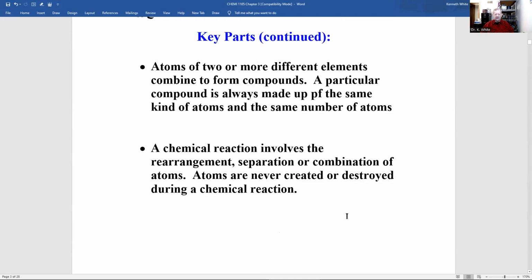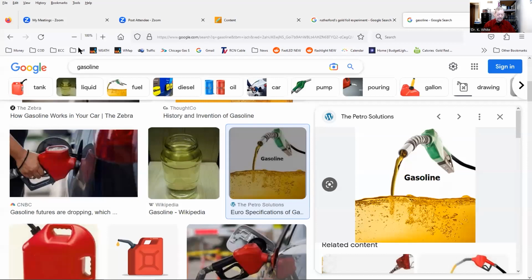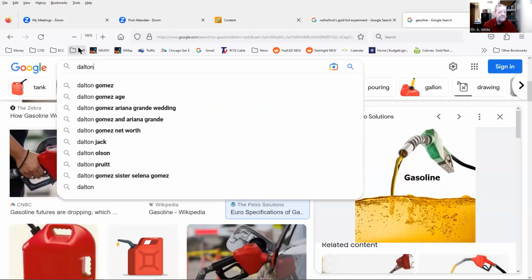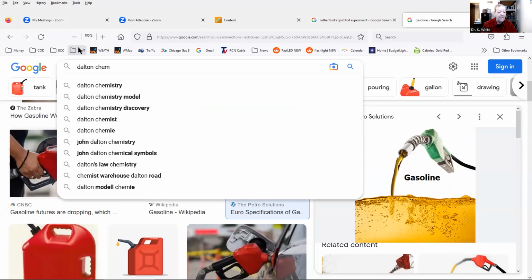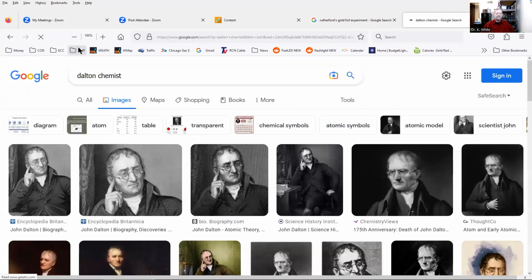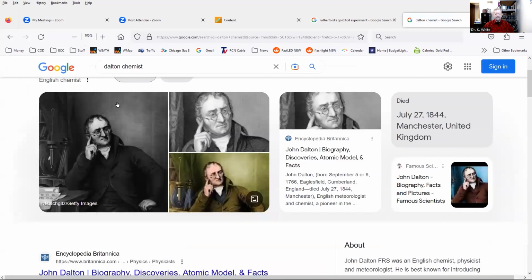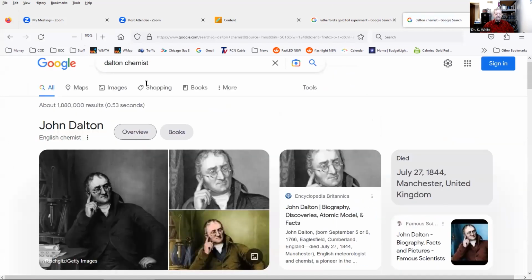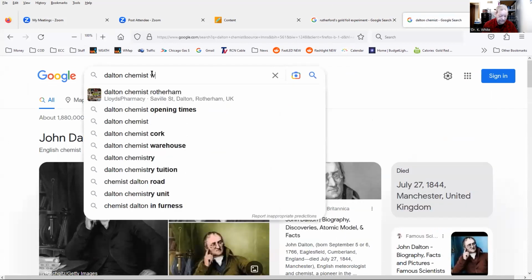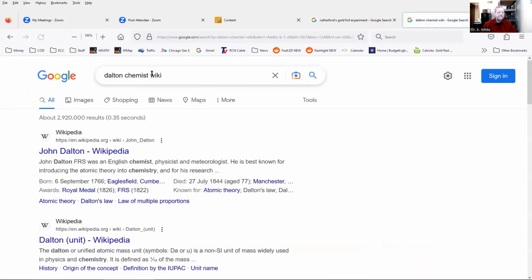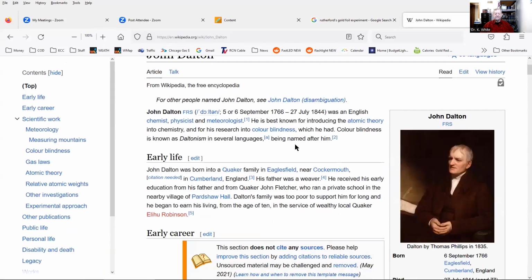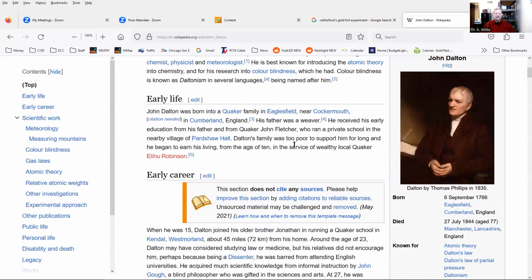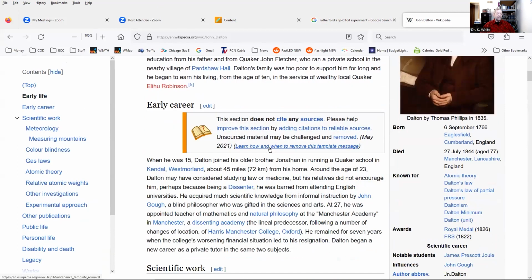Hold on, let's see something. Here's from Wikipedia, John Dalton, English chemist.